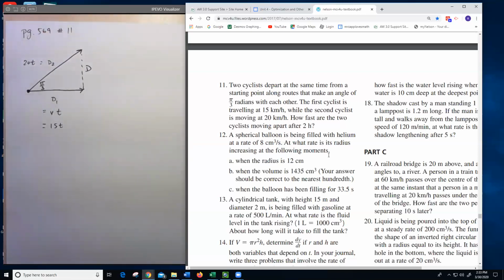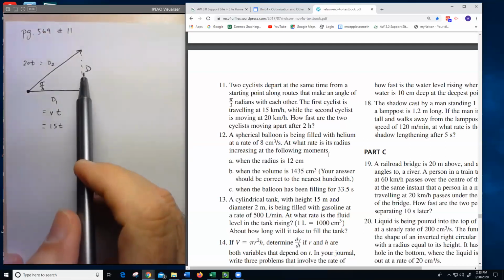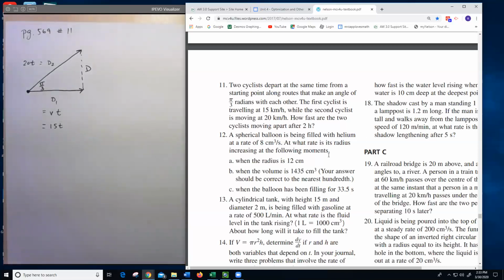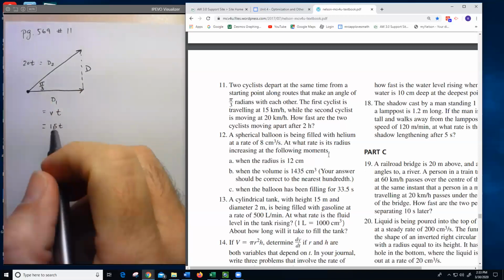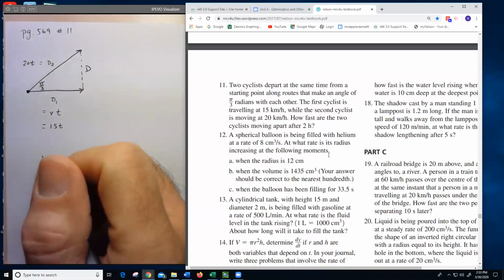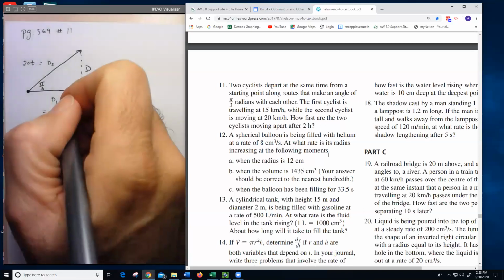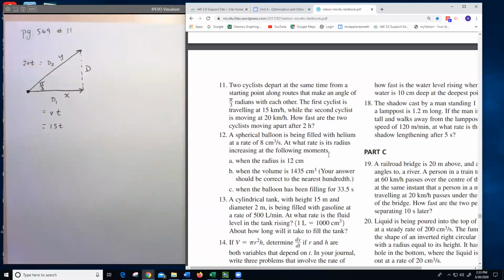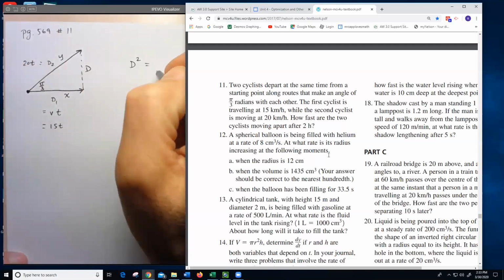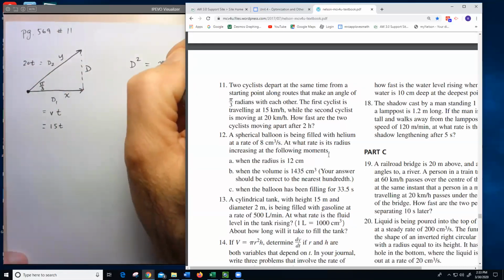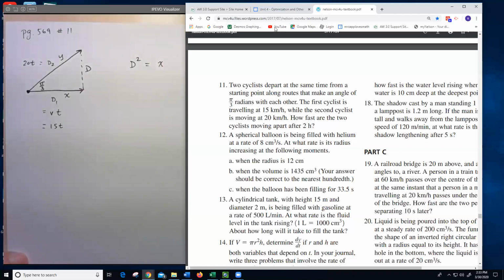So now we have enough information to write a formula for this variable d in terms of time, okay? And so now we should be able to do that. In fact, we didn't even need to do this. I just realized we're probably making our lives more difficult than we need to, okay? Because if I call these x and y, it might actually be easier to write d squared is equal to the sum of the squares of the two sides, so x squared, I'm going to move this around.